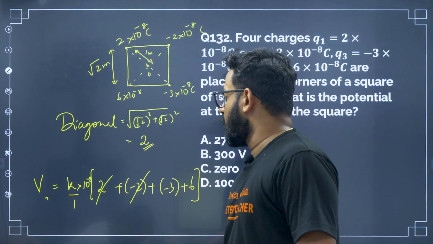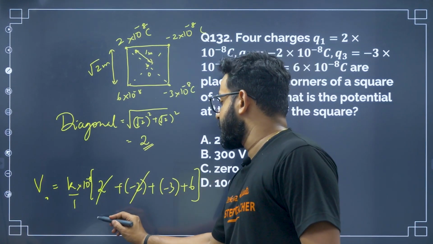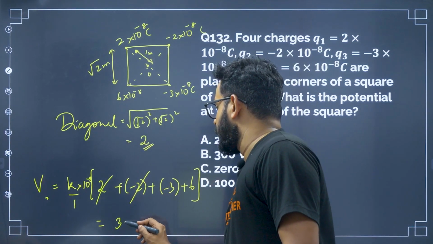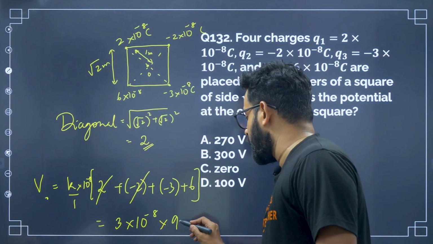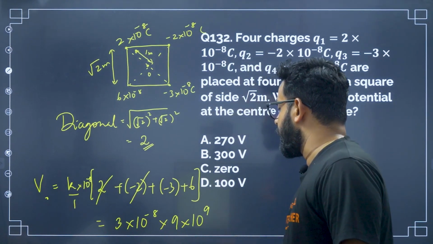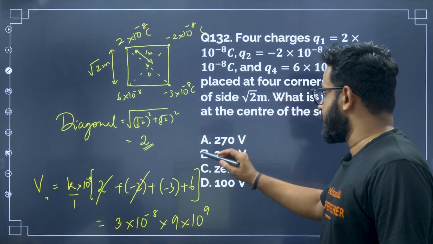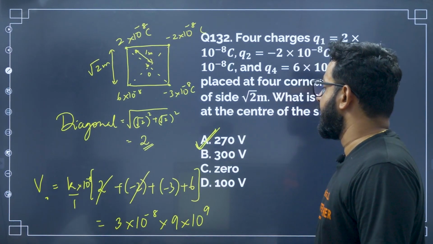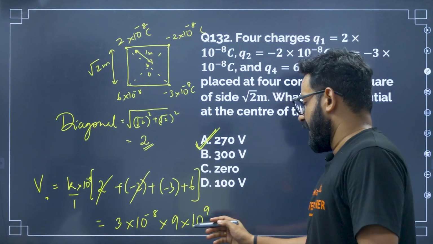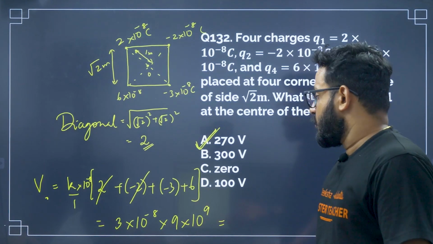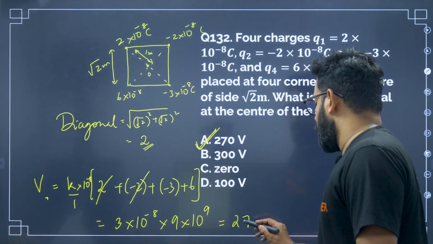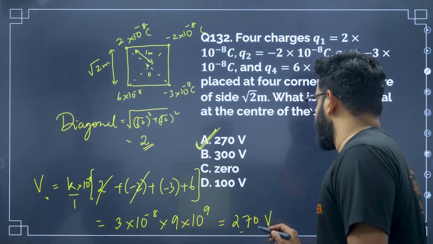So 2 and minus 2 are gone, and minus 3 plus 6 is 3. So 3 into 10 to the power minus 8 into K. What is K value? 9 into 10 to the power 9. So the correct answer is 270. Very simple, as you see, you can understand the correct answer is 270. So no doubt on that. 270 volt is the correct answer.